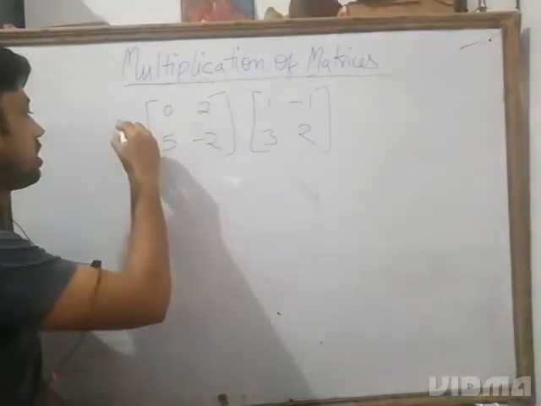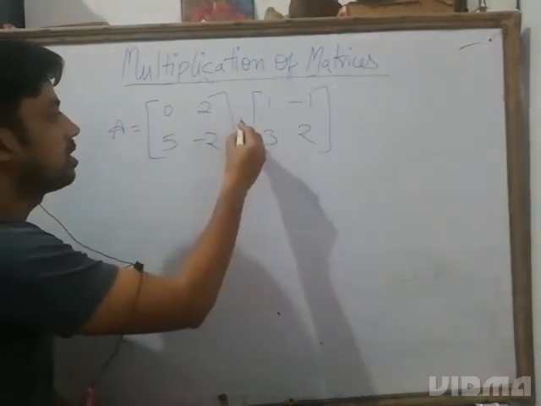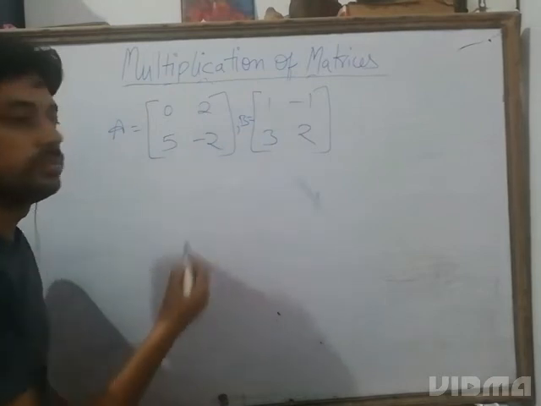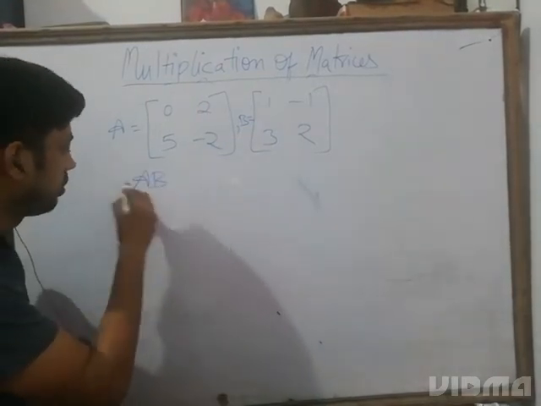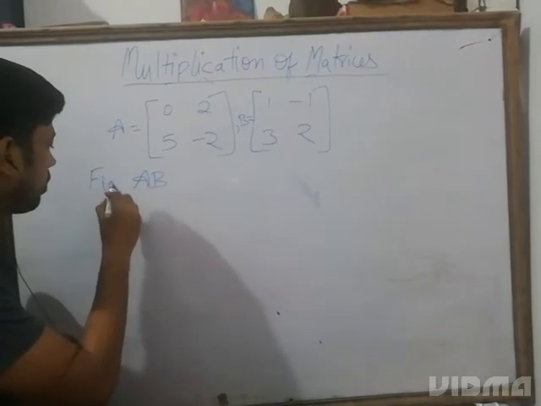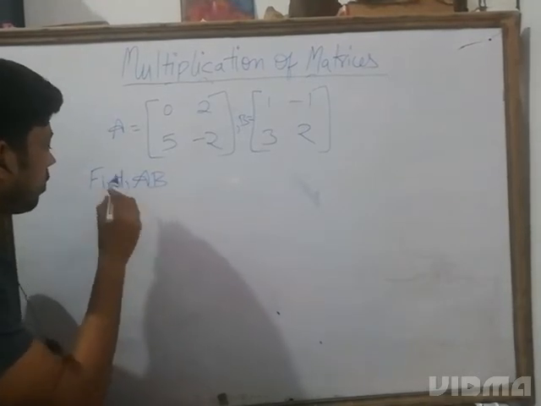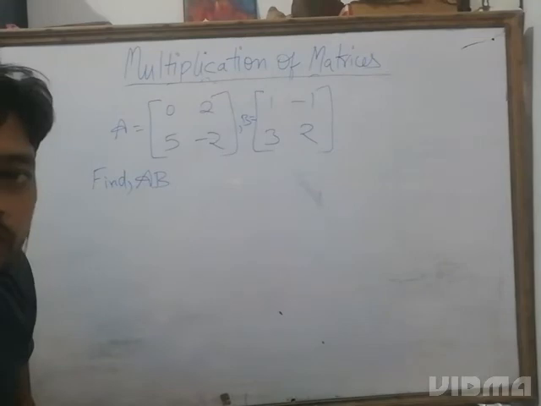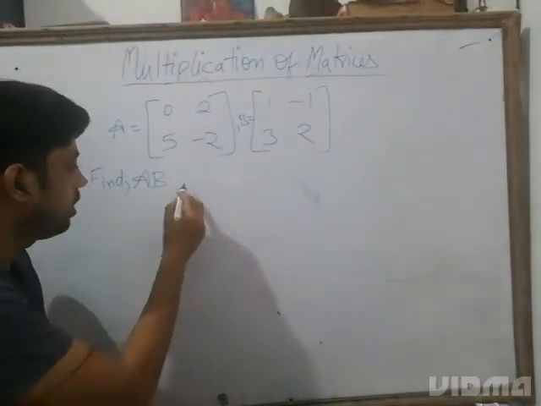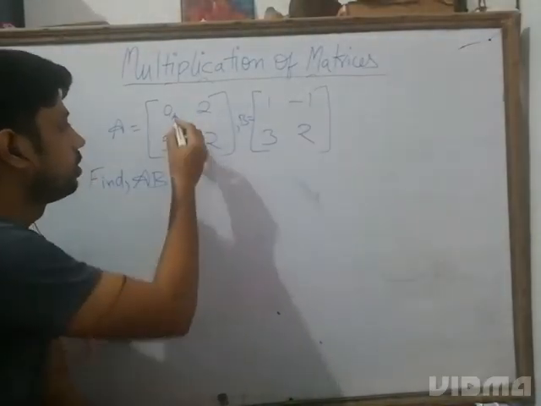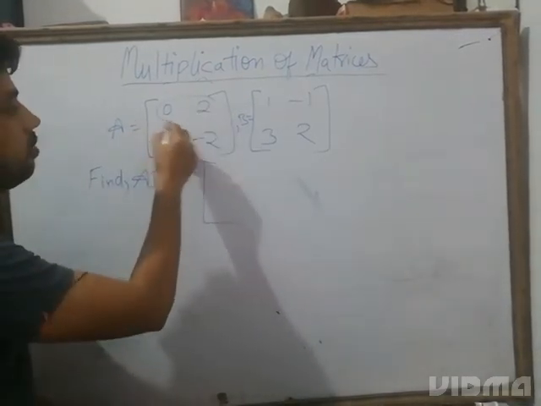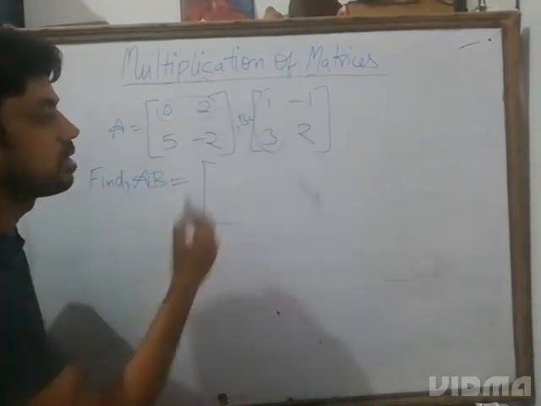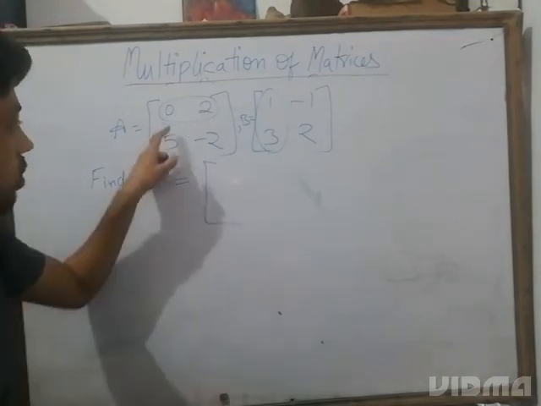This is matrix A and this is matrix B. We have to find AB. So how will we find AB? We multiply this row to this column.